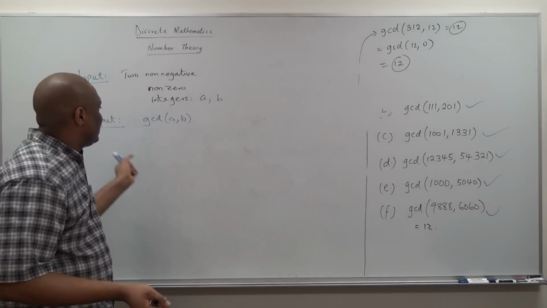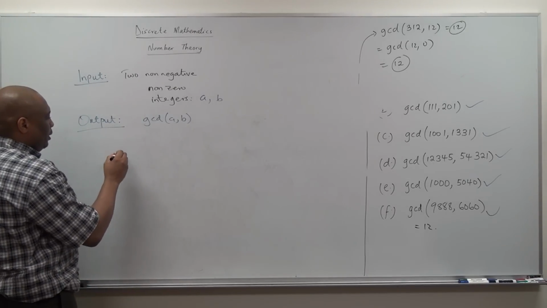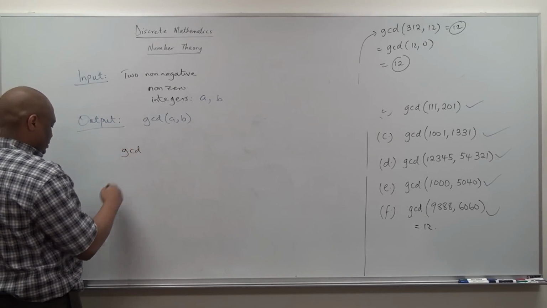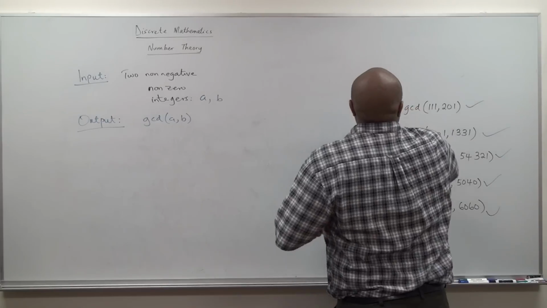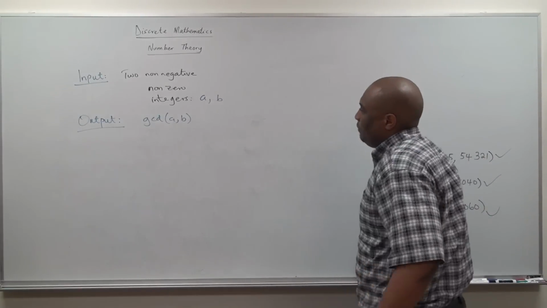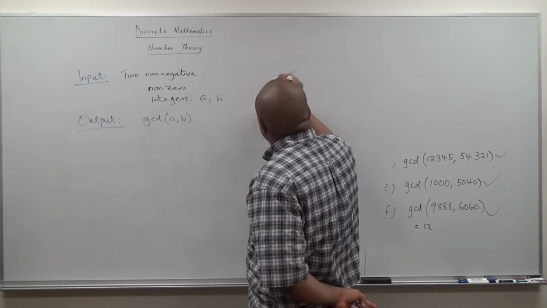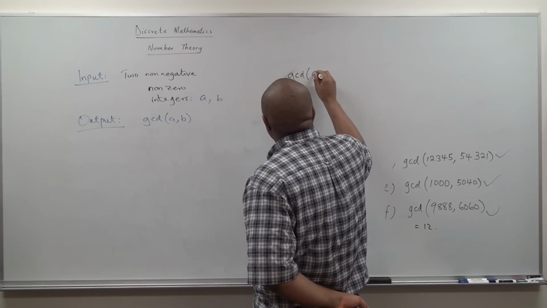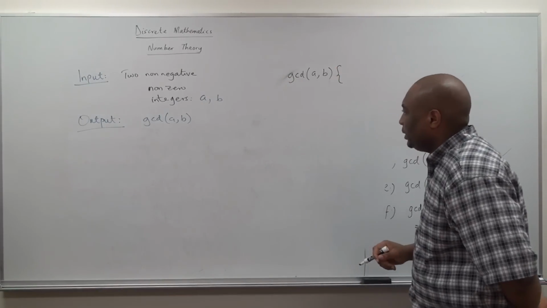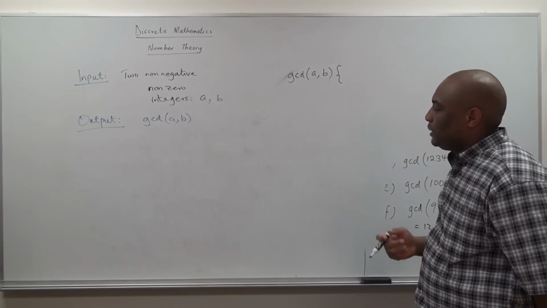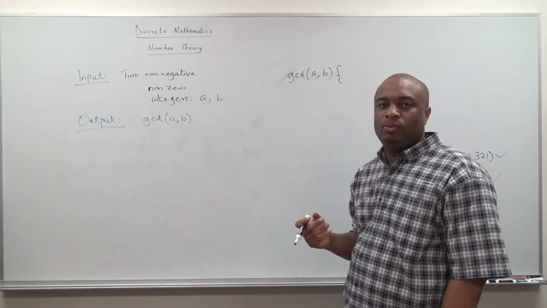Okay? So let's see what this will be if you write a code on this. We have our GCD function, GCD of A and B, right? Now we want to, first of all, make A the largest. That's the first thing you want to do.